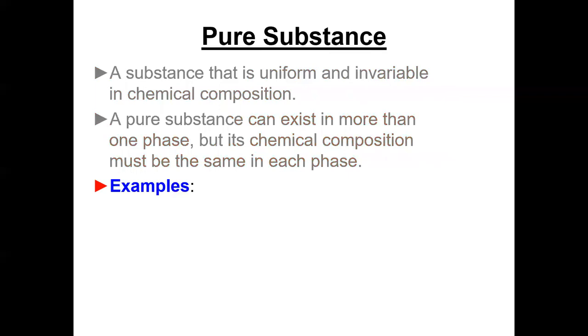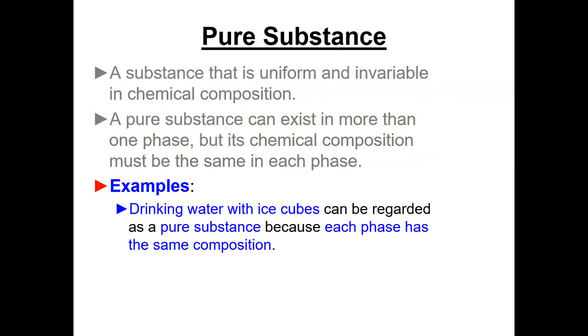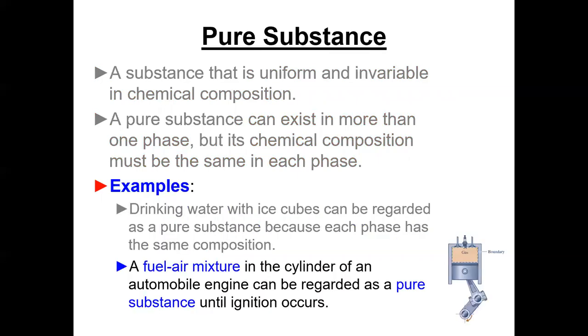Okay, examples. Drinking water with ice cubes can be regarded as a pure substance because in each phase, it's all H2O. So it has the same composition. They also make an example of a fuel-air mixture in a cylinder of an automobile engine because it is well mixed. Now you have a variety of gases.